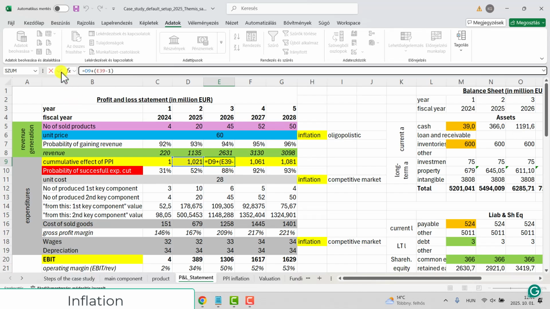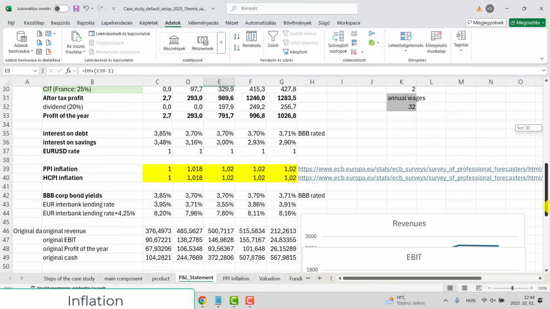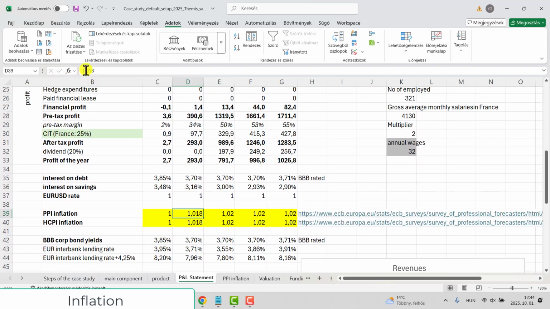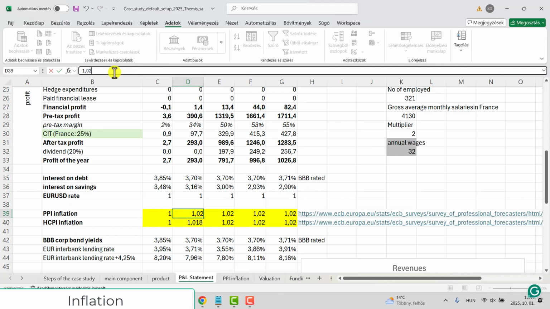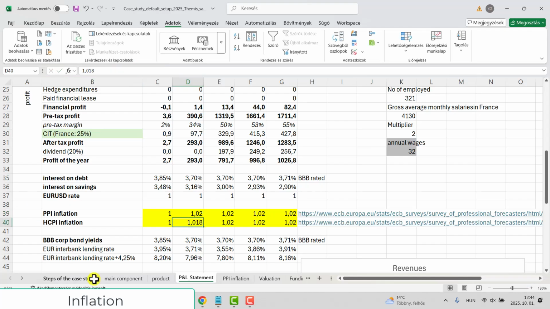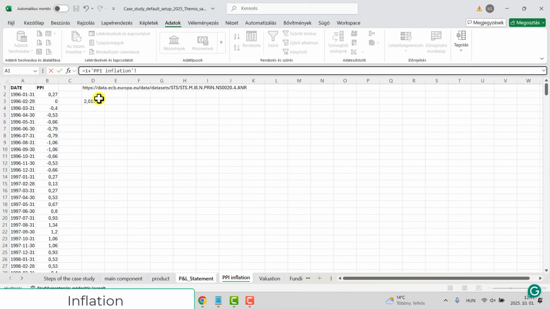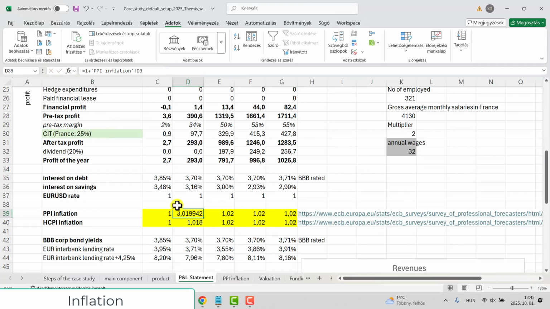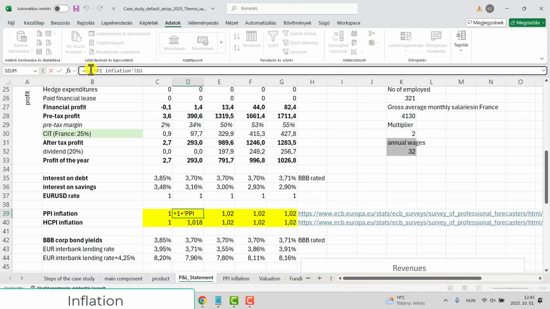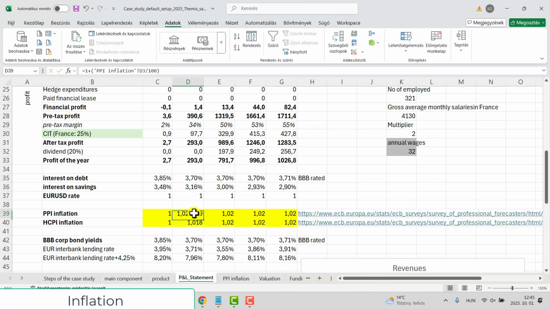So now at least numbers are proper, and then we can say that, yeah, it's also 2. So 1 plus u. Yep, and obviously u should be divided by 100 because otherwise it would be misleading.